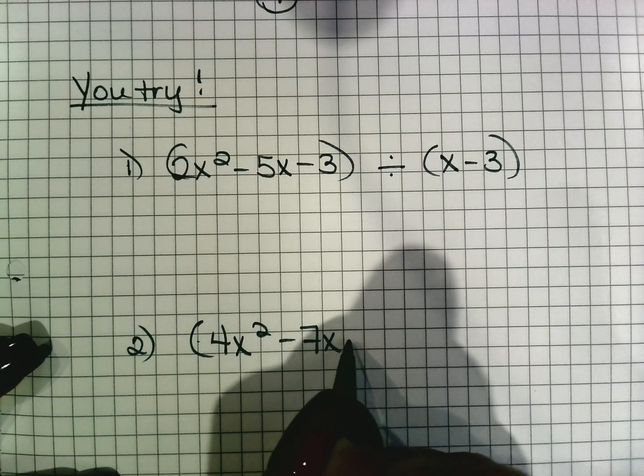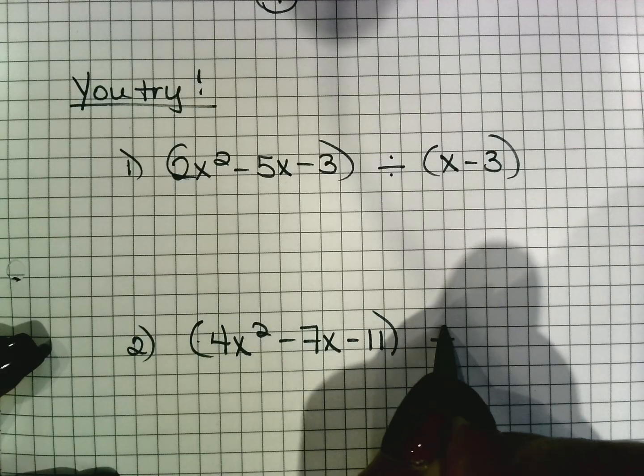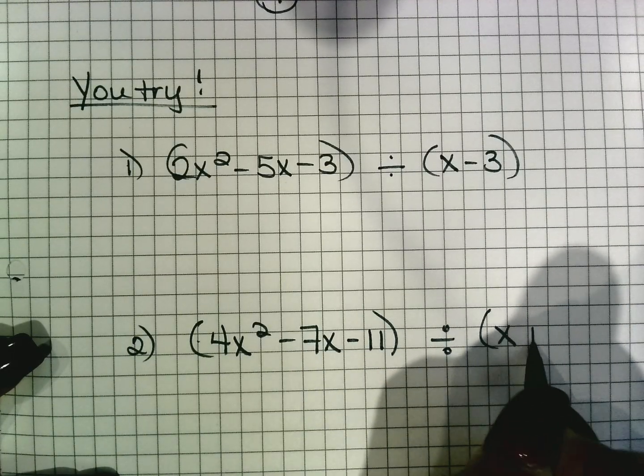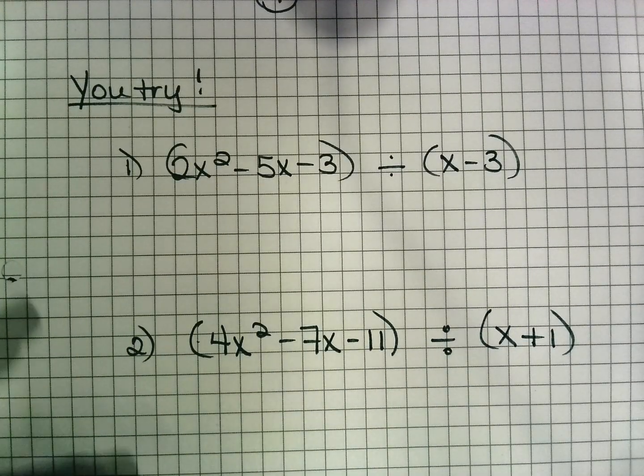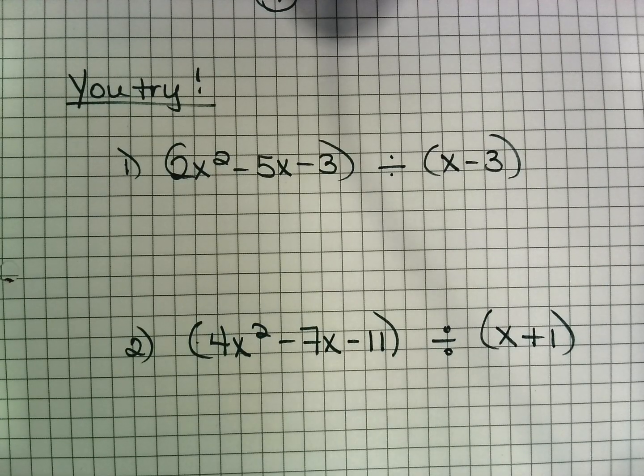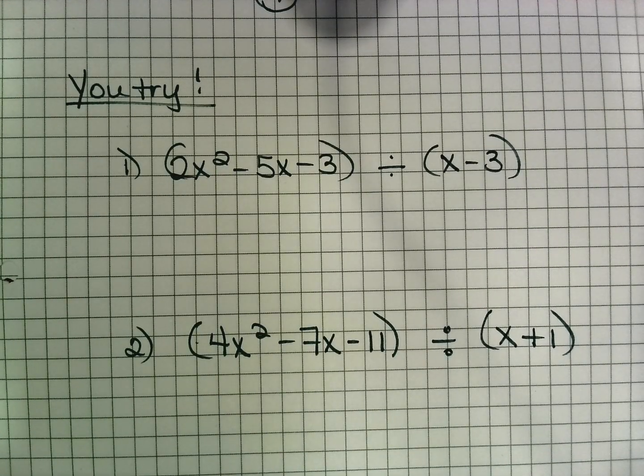So these are your 2 problems. And again, we're doing long division with both of them. So I'll give you a few minutes to go ahead and work on it. So go ahead and pause the video and come back when you're ready.